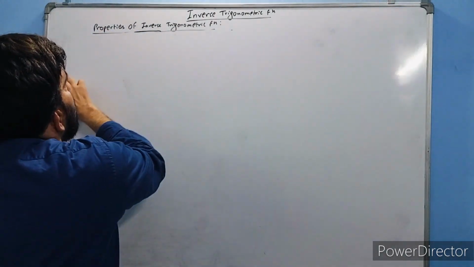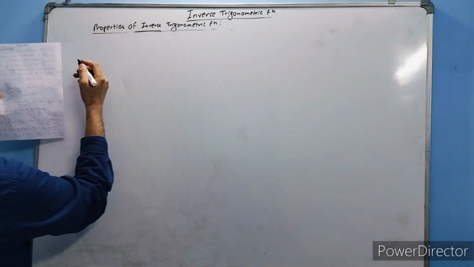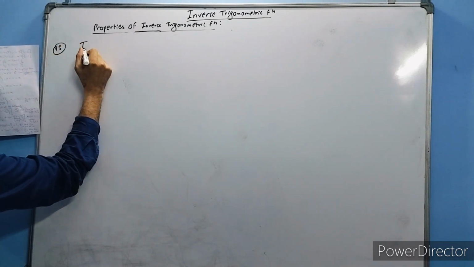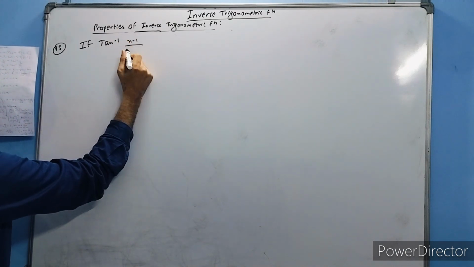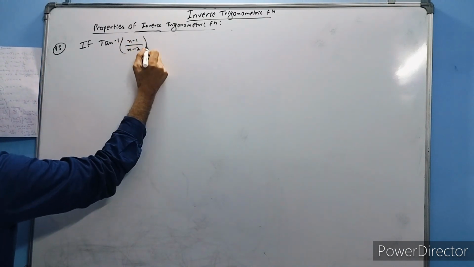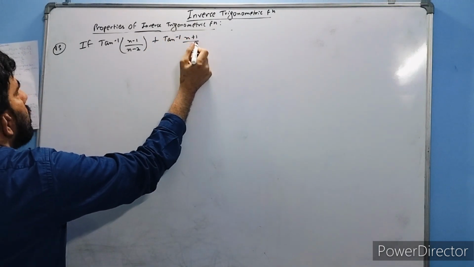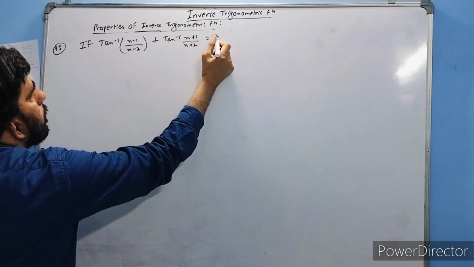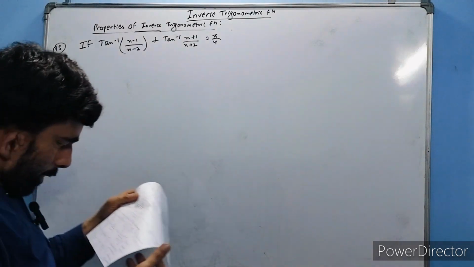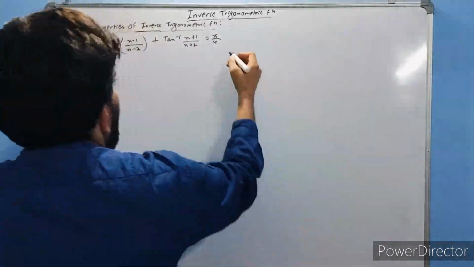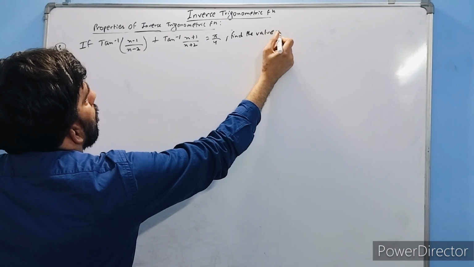They are saying that if tan inverse of x minus 1 upon x minus 2 plus tan inverse of x plus 1 upon x plus 2 is equal to pi upon 4, then find the value of x. We need to find the value of x.